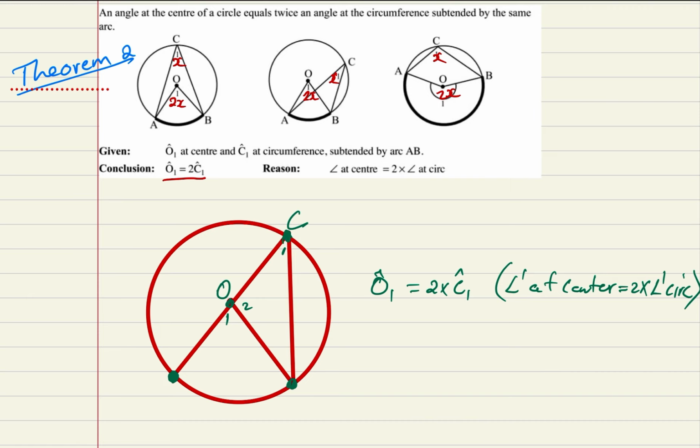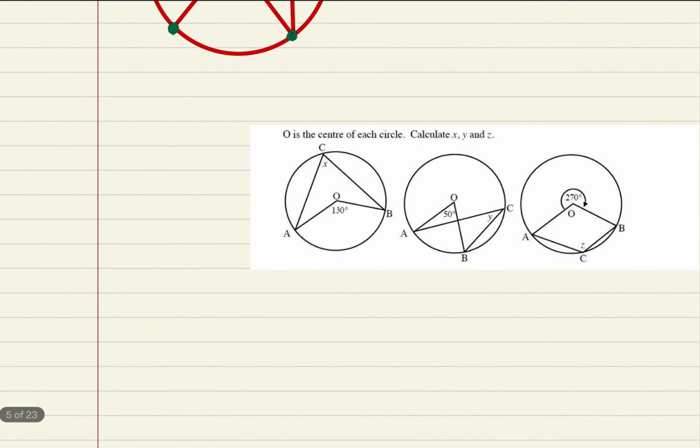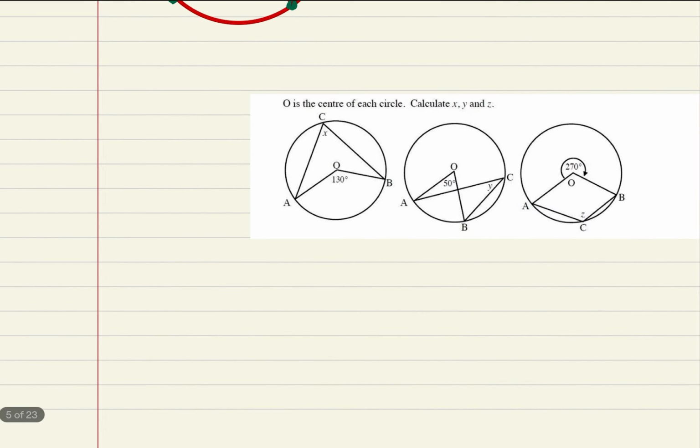So there is our circumference there. So angle at the center is twice angle at the circumference. That is very important. Now let's look at these 3 obvious questions. Okay, so here we start with the first one, which is this one.